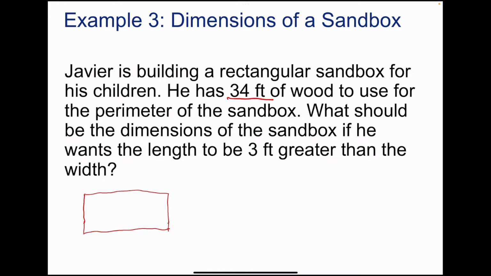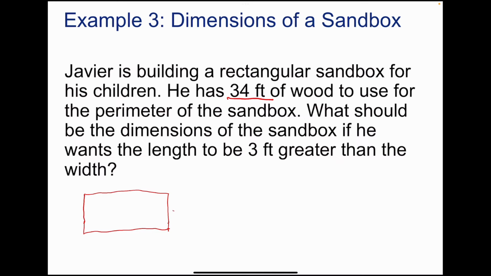We know that the perimeter that he can build is 34 feet. So that's your constraint. Okay. So we know the length of this sandbox will be 3 feet greater than the width.